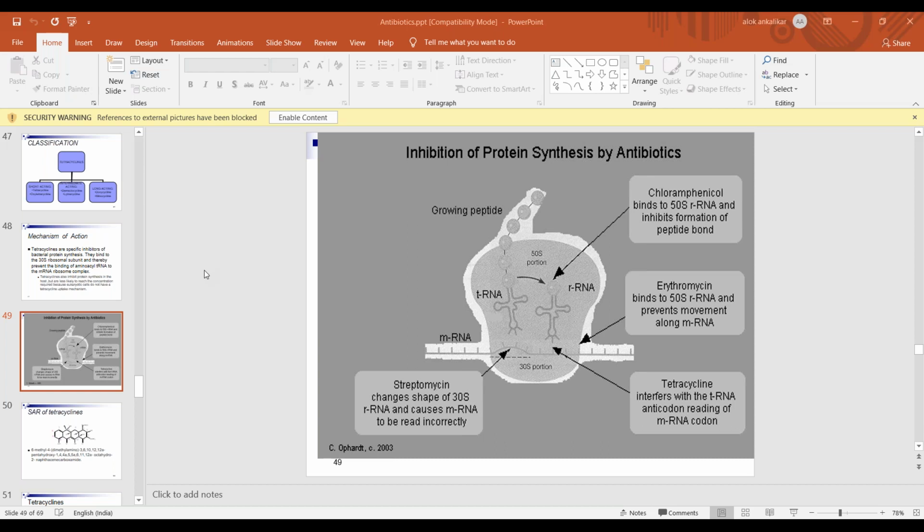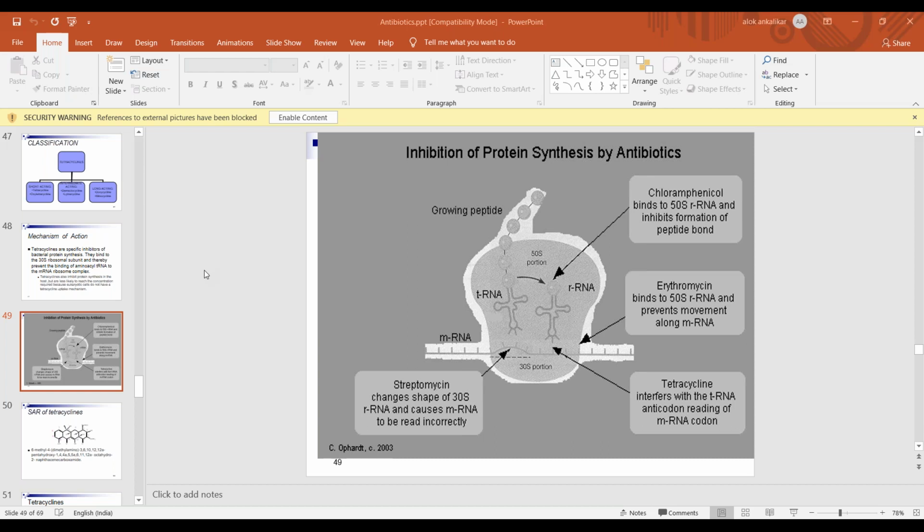So if you destroy this 30S ribosomal subunit or the 50S ribosomal subunit, which is present in the ribosomal rRNA, and you destroy any one of these or both of these, you are not going to allow the formation of mRNA and further protein synthesis.